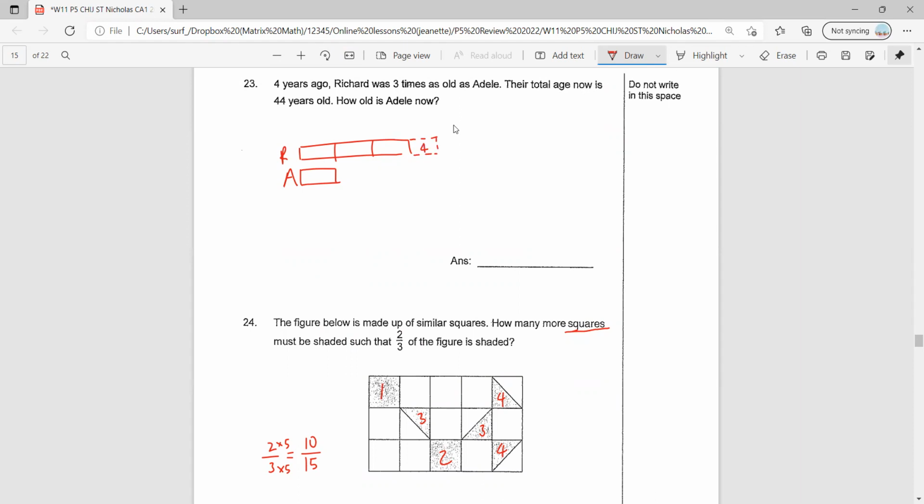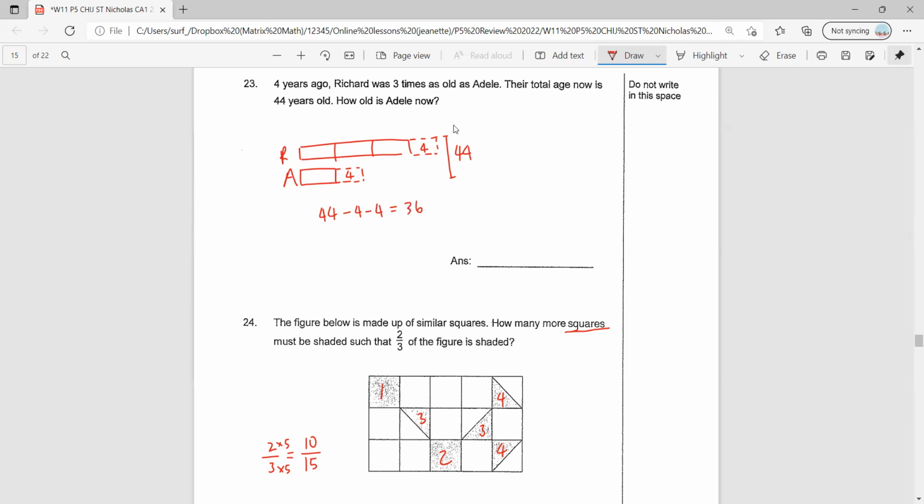Wait, I draw first. So if you give them extra 4, the total will be 44. Should I minus 4? Minus what? How many to minus? 8. Then you add 4. So this is 36, right?